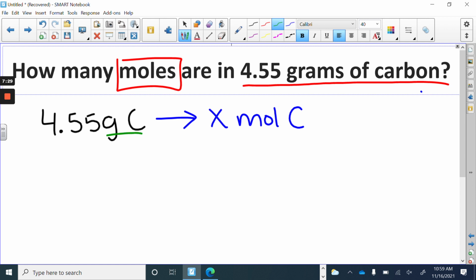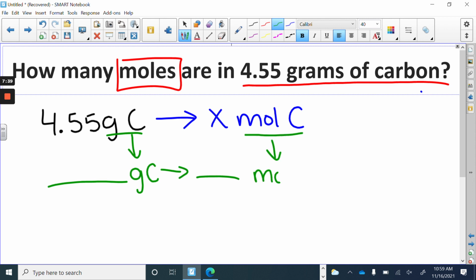Next, we're going to bring the units down. Now we need to fill in the blanks by using our units. So if it is grams, again, you're looking for the molar mass of the element or compound.